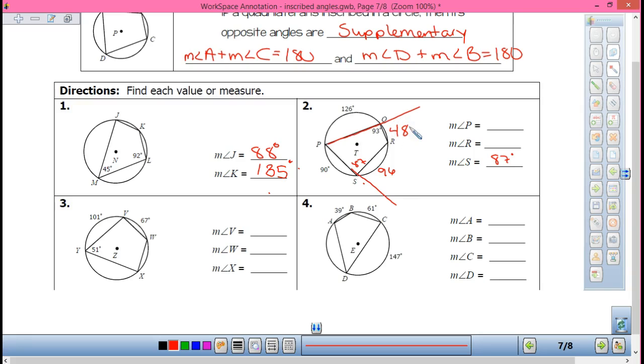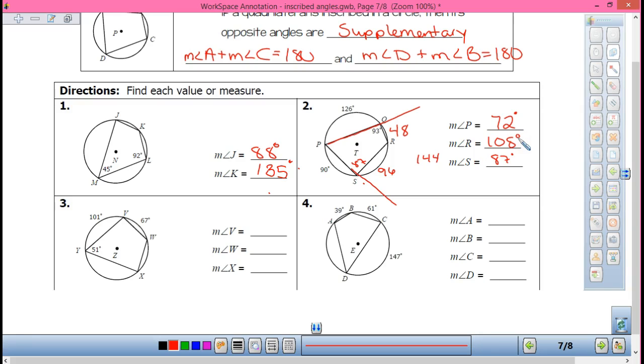Okay, so now when I add these two together, I have 144, so that's going to make angle P 72, because you've got to divide it by 2. And then once I have that, I can find R. How am I going to find R? Minus from 180. So 180 minus 72, R has to be 108 degrees.